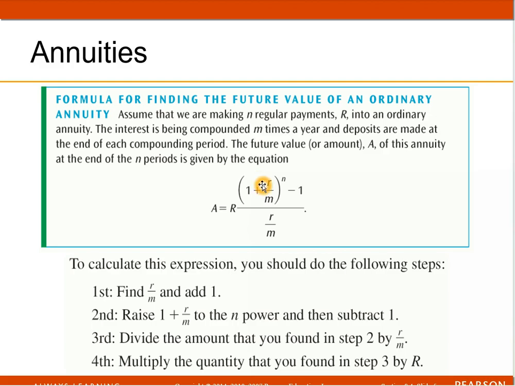The difference is they're going to be subtracting 1 and then dividing it by r over m, and then you multiply it times capital R, and R is how much money you will save every single month. Whereas compound interest, you like put a lump sum of money in there. Like here, I'm just going to put $10,000 in, and then you walk away.